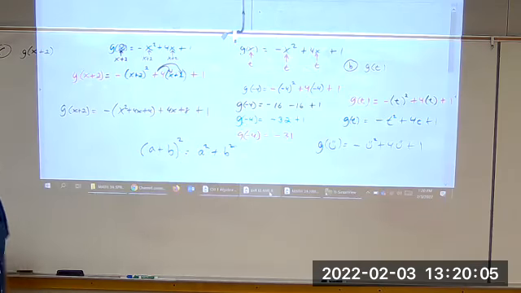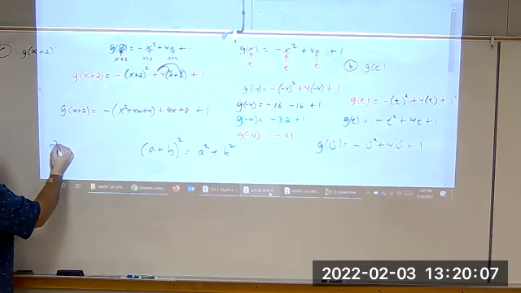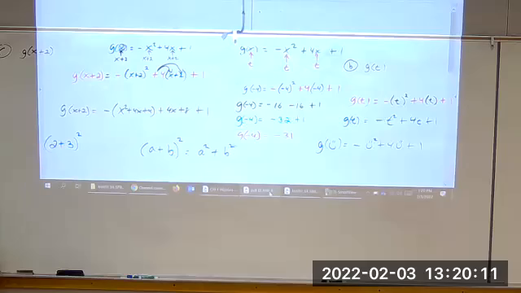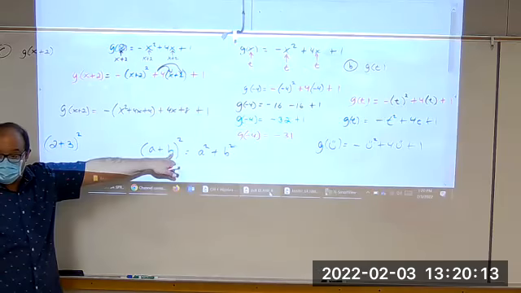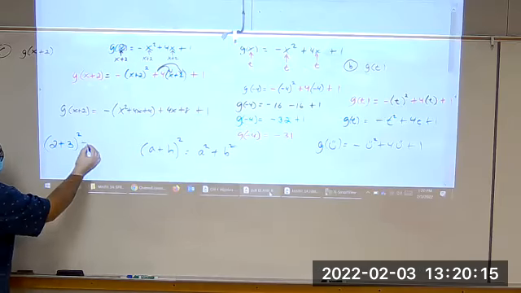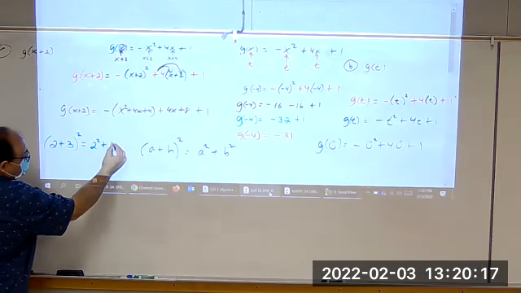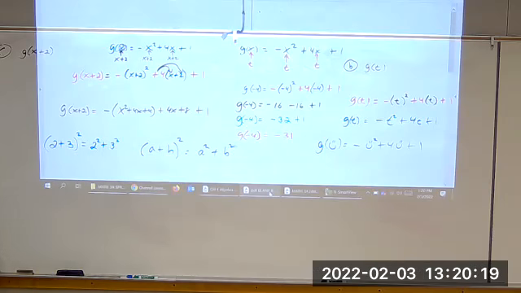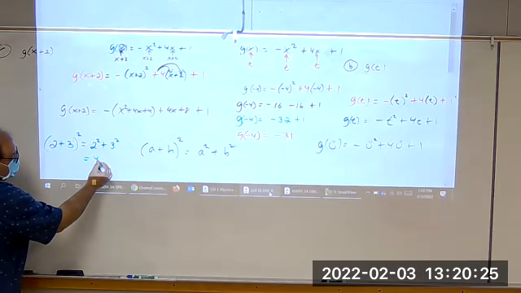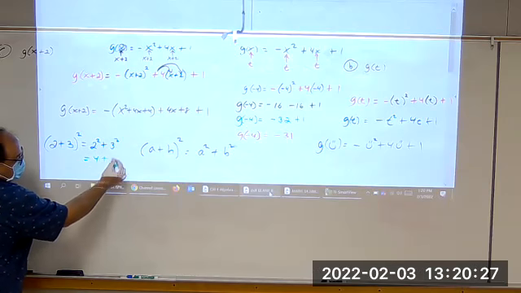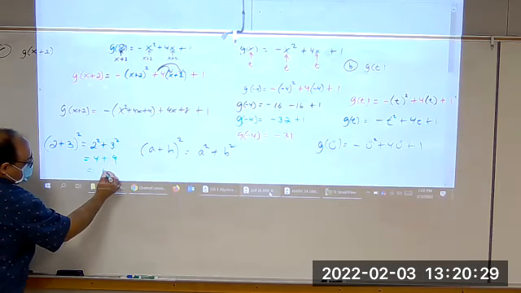Well, if that were true, 2 plus 3 squared. If this is true, then I should get 2 squared and then 3 squared. I can just do that. What's 2 squared? 4. What's 3 squared? And 4 plus 9 is 13.